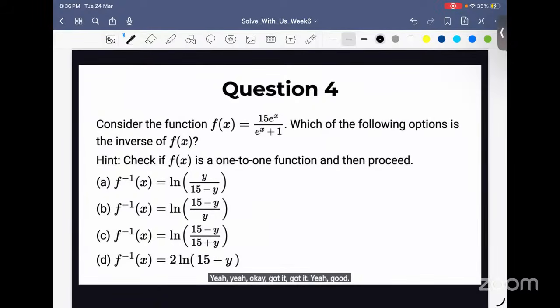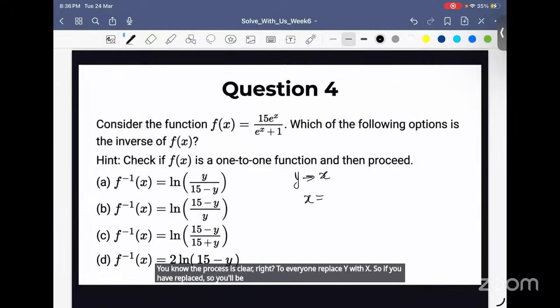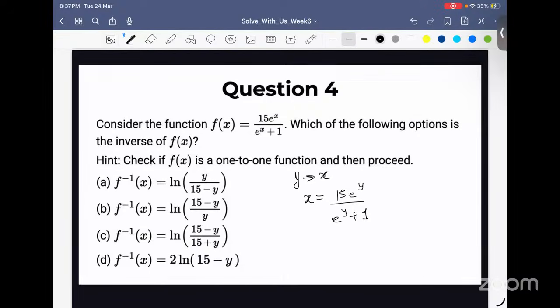The process is clear to everyone, right? Replace y with x. So you'll be left with x equals 15 e to the power y by e to the power y plus 1. Now how will you put all the y in one side?